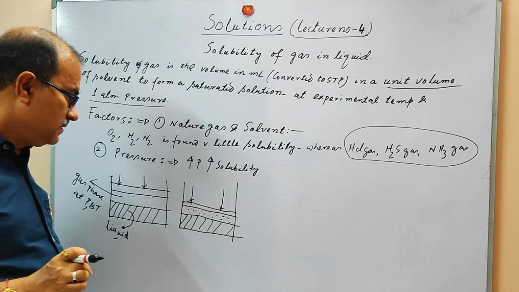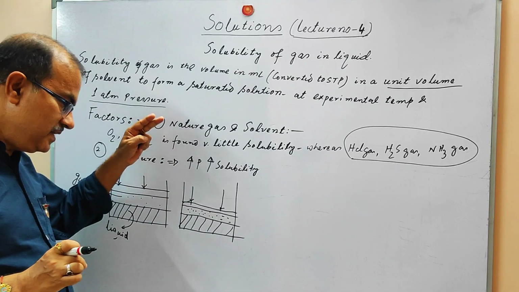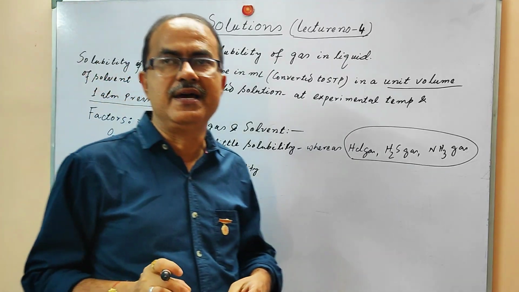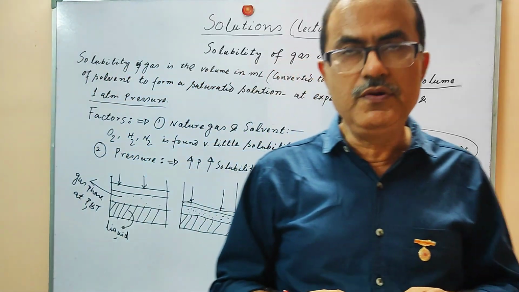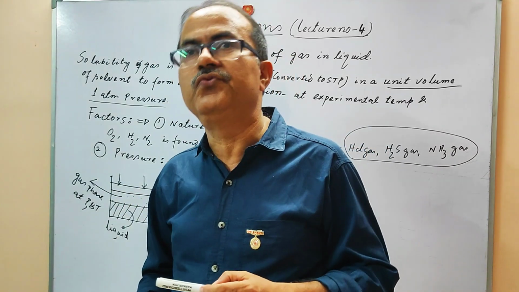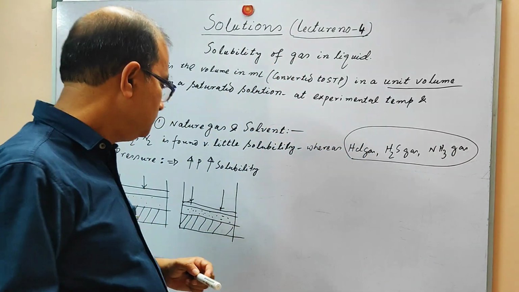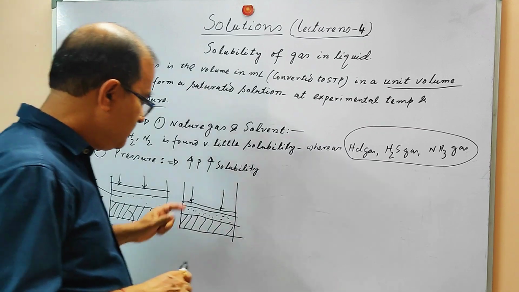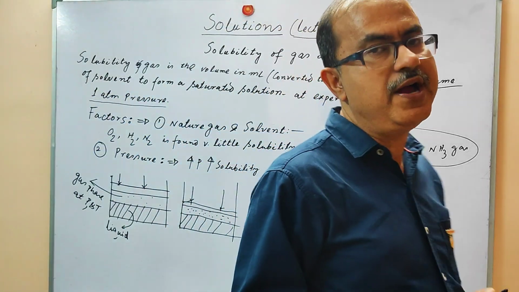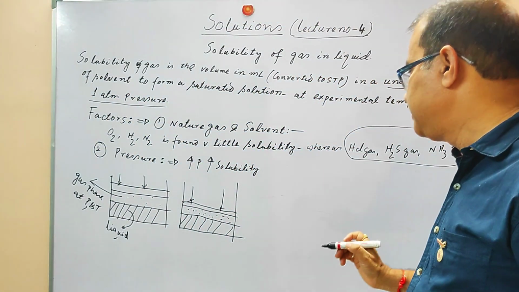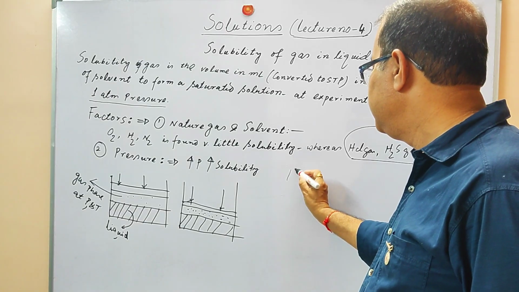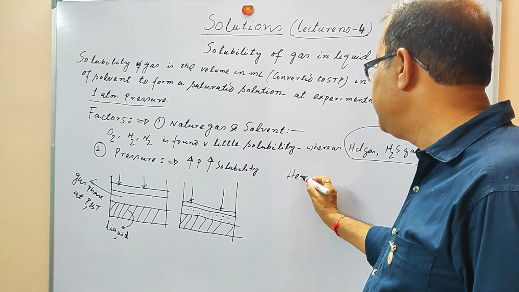So we can easily understand that when we increase the pressure on the gas, the solubility of the gas in the liquid increases. Okay, and this was quantified by one chemist whose name is Henry.